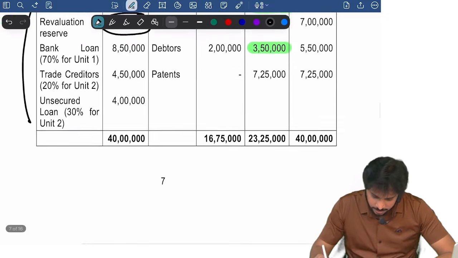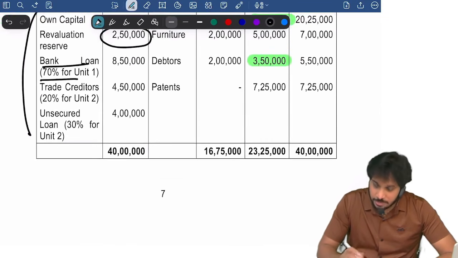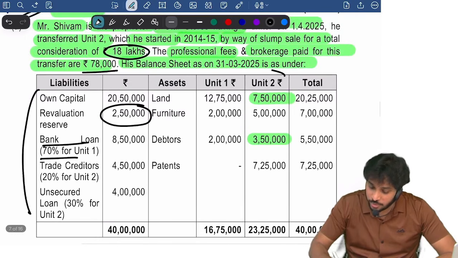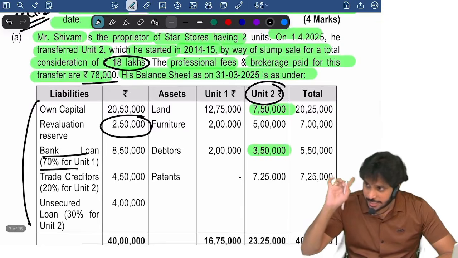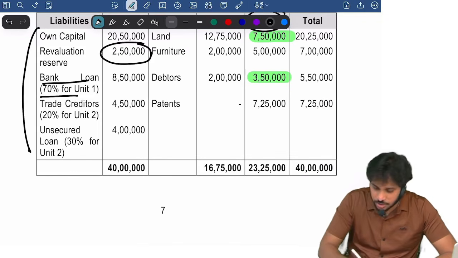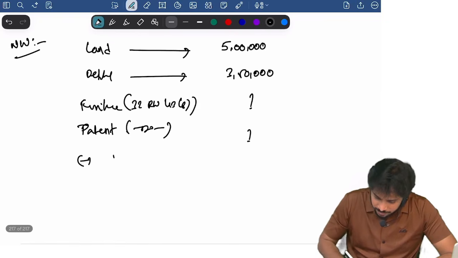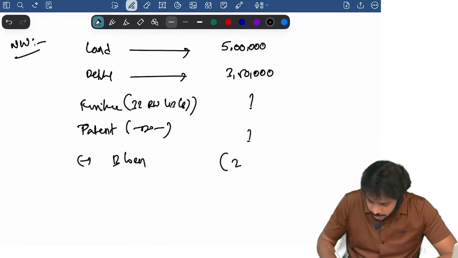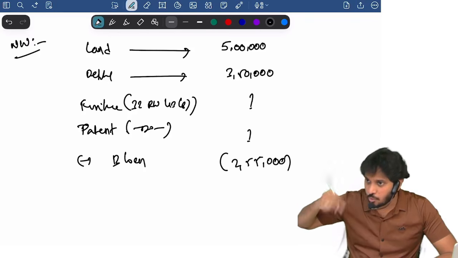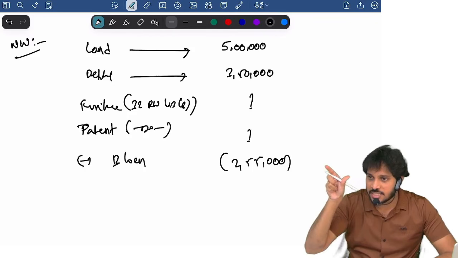Minus outside liabilities. Bank loan, 70% is for unit 1, which means 30% is for unit 2. Remember, unit 2 is what they transferred, not unit 1. So 8 lakh 50,000 into 30%, how much is it? 2 lakh 55,000 bank loan. By the way, what am I computing? Net worth. Why am I computing it? Because that's the cost of acquisition and improvement.